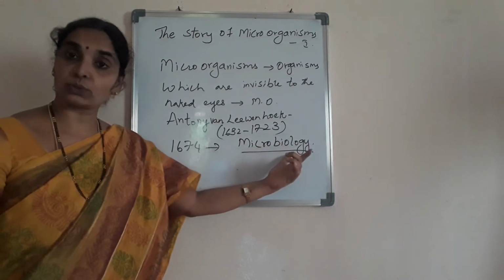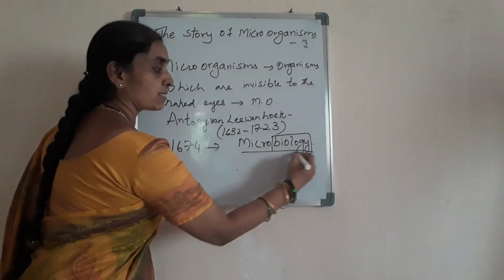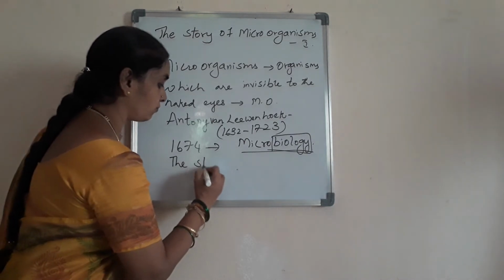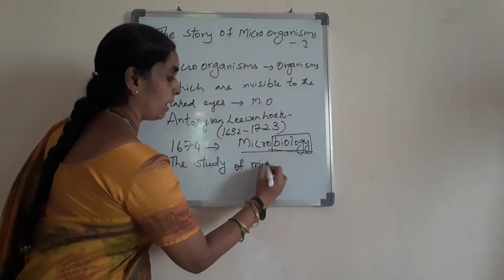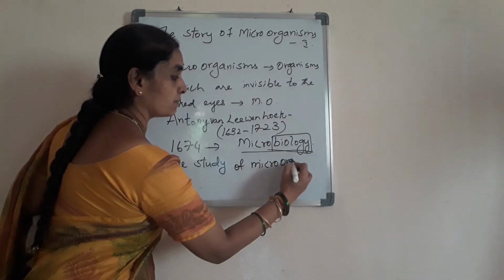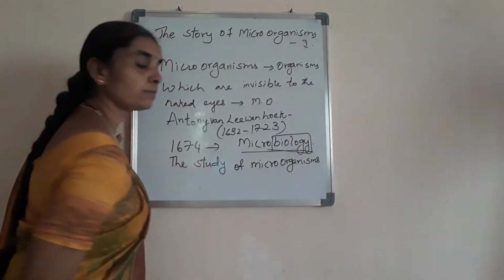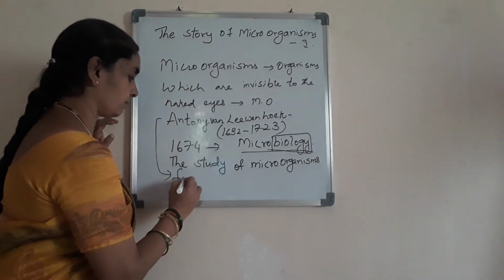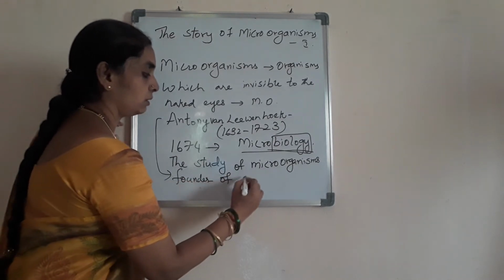The study of microorganisms is called microbiology. Biology, you know, is the study of life. Microbiology is the study of microorganisms. So, Antony van Leeuwenhoek was called the founder or the father of microbiology.